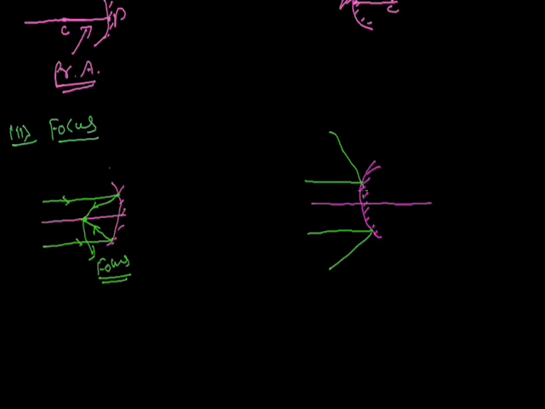According to the laws of reflection, the incident ray, the reflected ray and the normal, which will be like here, and the normal at this point is this one, all lie in the same plane. So here it is lying in the same plane. This is the ray; after reflection it will move in this way. So it has to follow the laws of reflection.